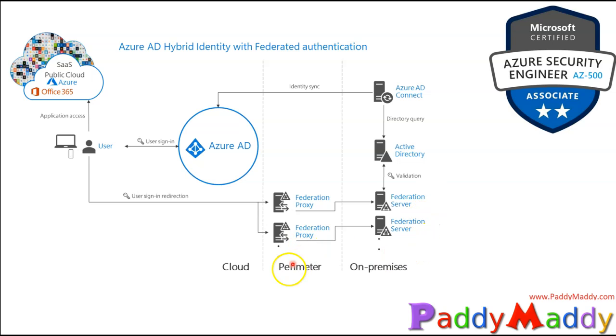The next thing is you need at least 2 proxy servers, which we call federation proxies, set up in the perimeter network or DMZ. These accept requests from the internet and relay them to the federation servers, which are your internal ADFS servers.